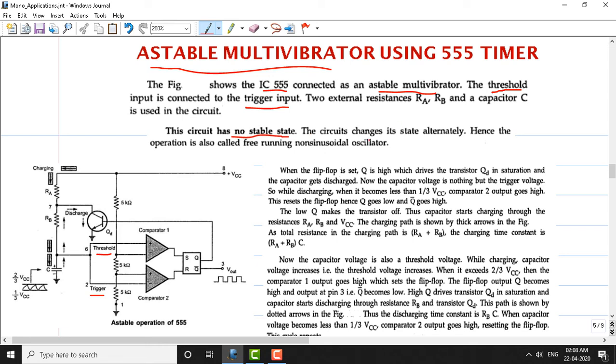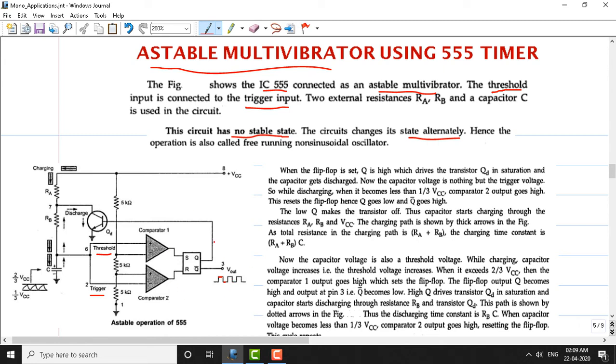So the circuit keeps changing alternately. Sometimes the output pulse remains at high level, sometimes at low level. This is a sort of oscillation. We can generate a square wave using this astable multivibrator, since it keeps oscillating between on and off.